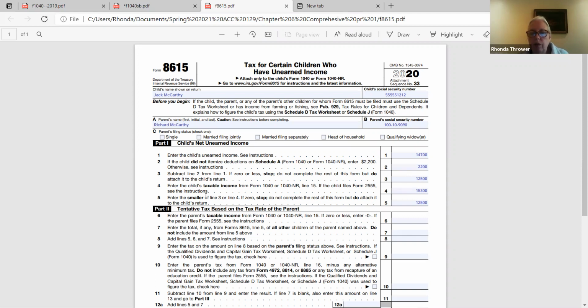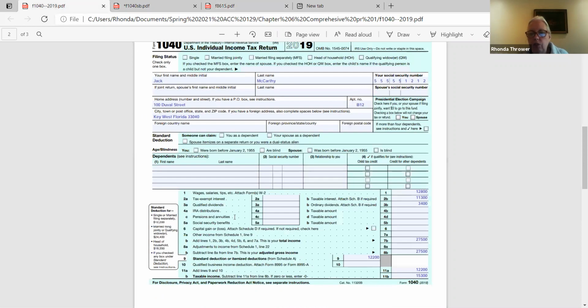On line 4, it says enter the child's taxable income from your 1040 form. And your taxable income from 1040 is 15,300. That's the amount from line 11B on Form 1040 for 2019.